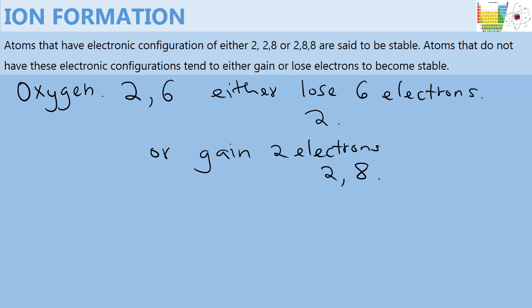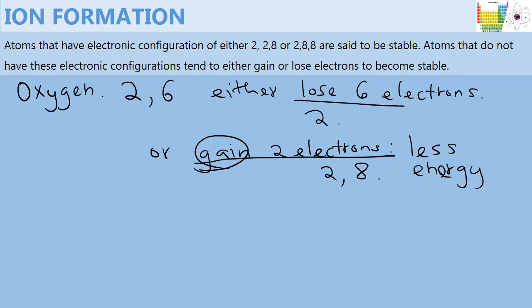In this case, it is easier for oxygen to gain 2 electrons because it will require less energy to gain 2 electrons than to lose 6 electrons. And therefore, oxygen usually gains 2 electrons to become stable.